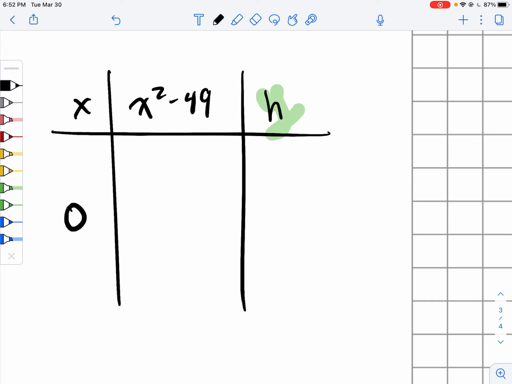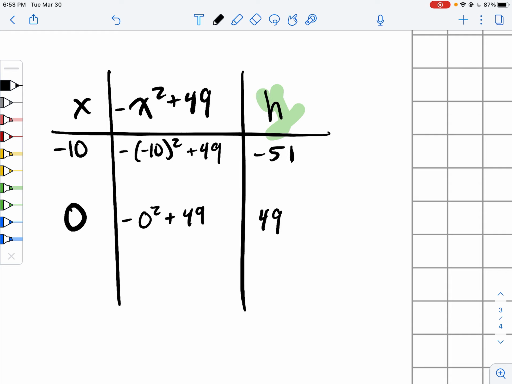We're going to start around 0. 0 squared plus 49 gives us 49. Let's do easy numbers. Let's do 10. So -10. We've got -10 squared, which is -100, plus 49 gives us -51. Oh, okay, that was not fun.